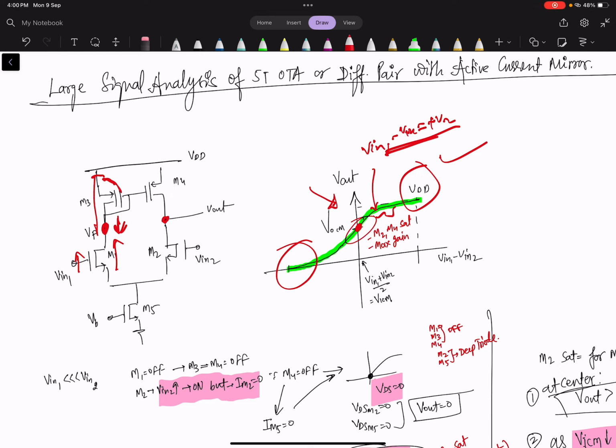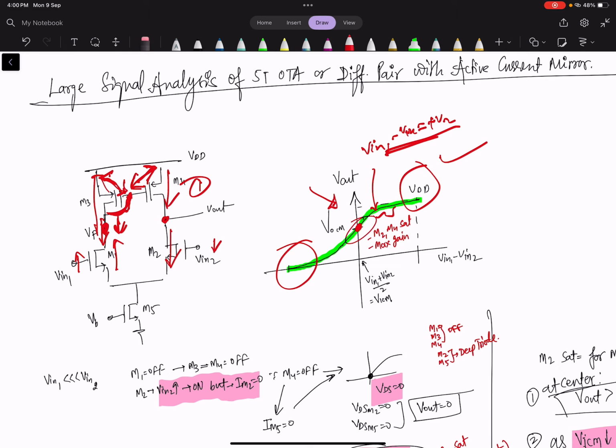Now since this voltage will go down, here also VGS will increase more. This VG has to decrease. Basically VGS has to increase for more current, so VG will decrease, and here also current will increase. So first current will increase, and here the voltage Vin2 is decreased, so current here will decrease.